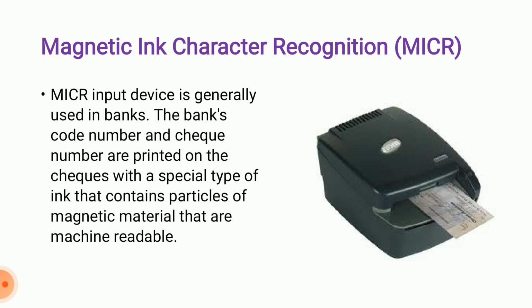That ink is a special type of magnetized material which is recognized by this machine. So this machine is called magnetic ink character recognition. This machine can verify whether the check is original or duplicate.